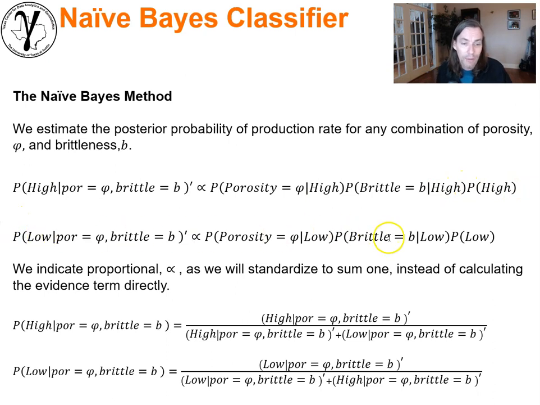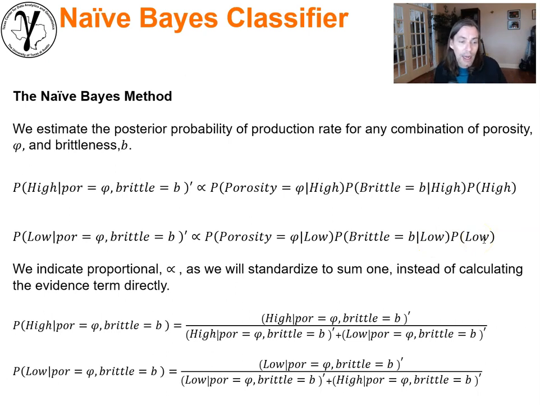Then we do the same thing for low. The probability of low production given that combination of porosity and brittleness is proportional to the probability of that specific porosity value from the conditional distribution given low production, times that specific brittleness value given low production from the training distribution, multiplied by the prior probability of low.